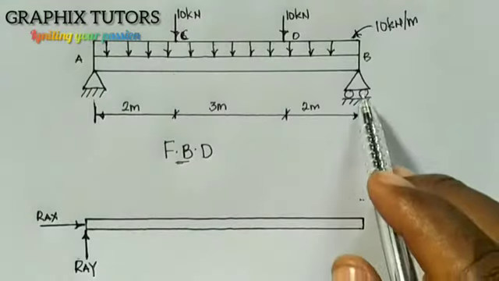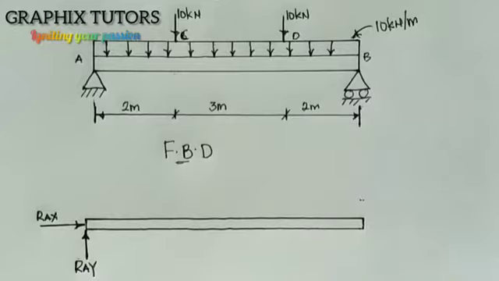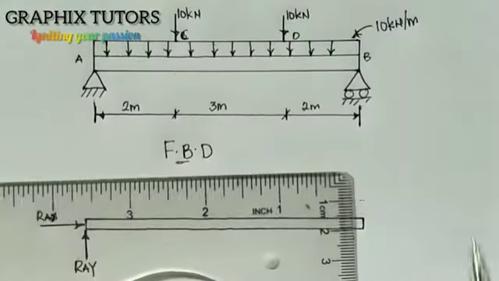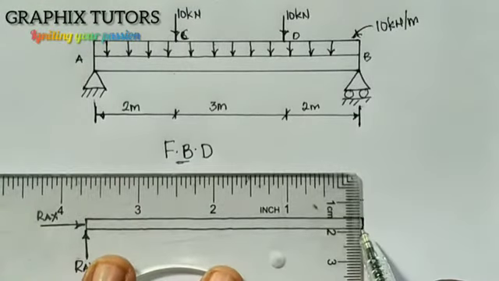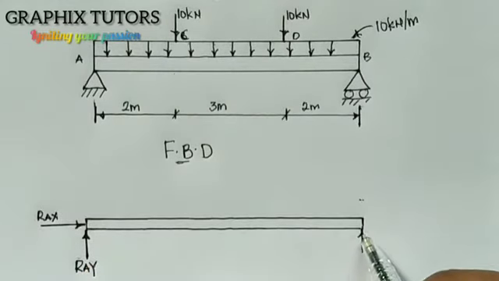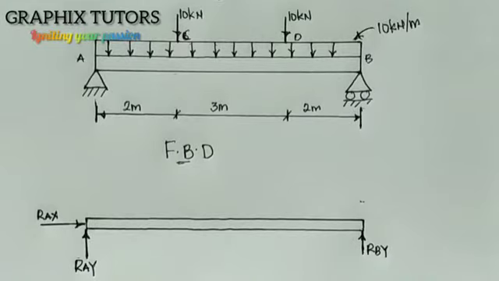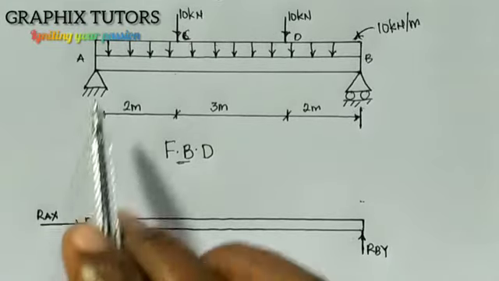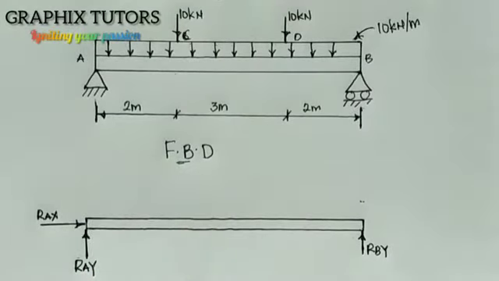Then this is a roller support, which always has just one reaction that is going in the opposite direction of the movement. This is it here, and that will be my RBY. Now after we've done this, the next thing is, before we put our point load, let's just put our point load from here.